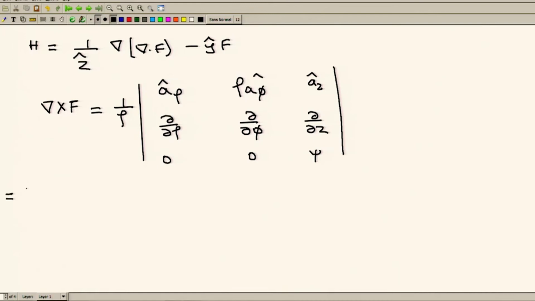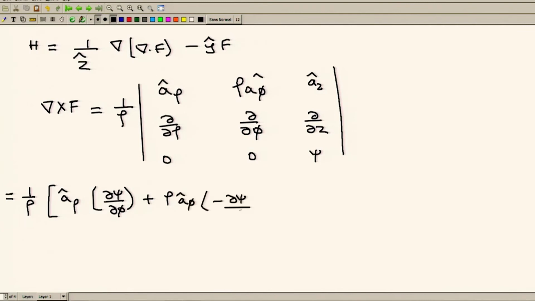So, this will give us 1 upon rho, A rho del psi upon del phi plus rho A phi minus of del psi upon del rho plus Az, which is 0.